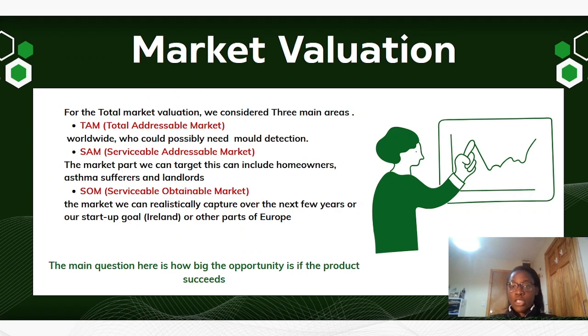For our market valuation, we considered three main criteria: the total addressable market, which will be worldwide who would need our product and service, as well as our serviceable addressable market, that is the market we can target worldwide as well, which would include asthma sufferers and landlords on a global scale, and our serviceable obtainable market, which is a realistic market that we can capture over the next few years if we're looking at just Ireland and other parts of Europe.